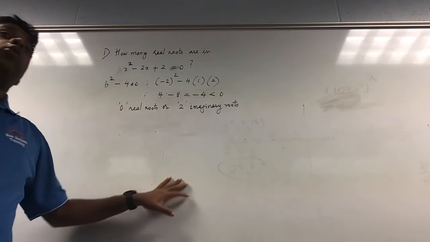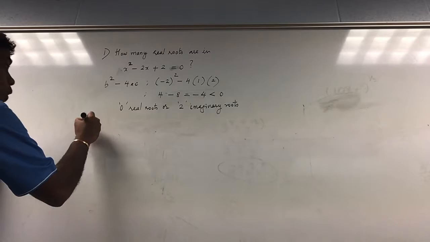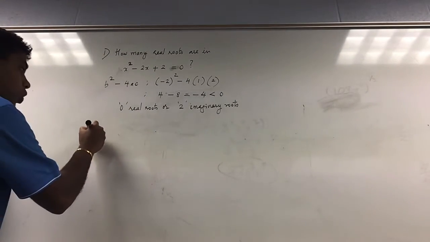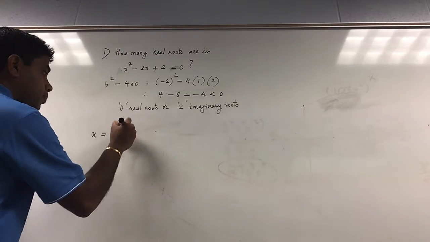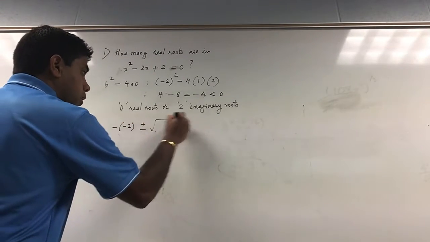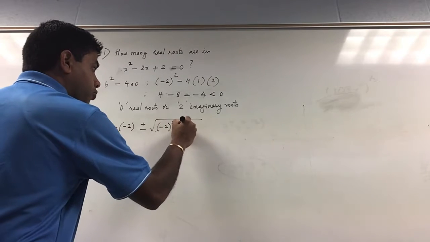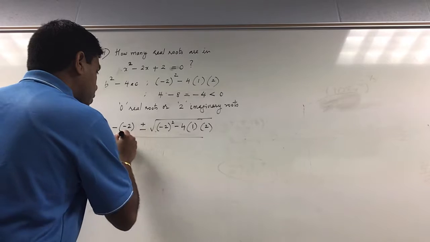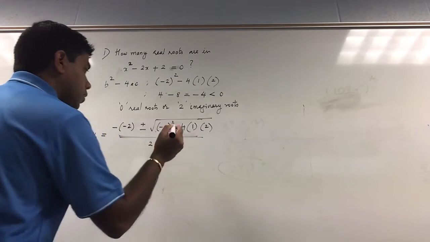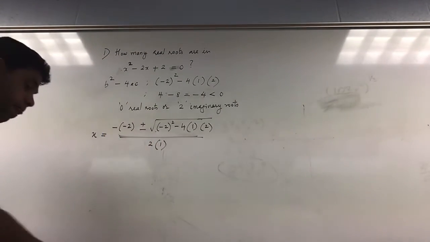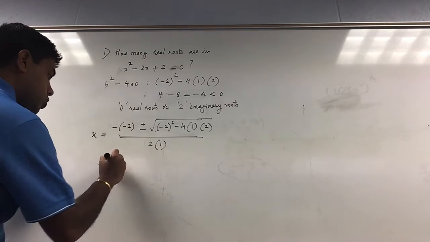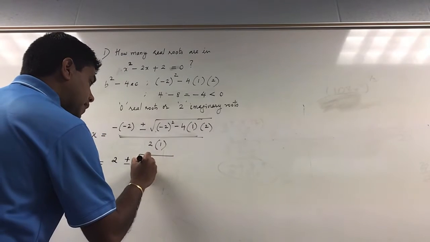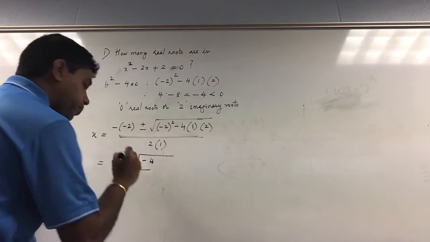Now, if the question is what are the roots of this, not how many, then you have to use the quadratic formula: negative b plus or minus the square root of b squared minus 4ac, divided by 2a. So 2 plus or minus the square root of 4 minus 8, which is negative 4, divided by 2.